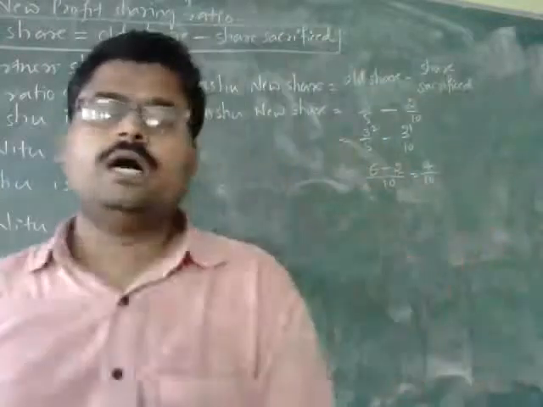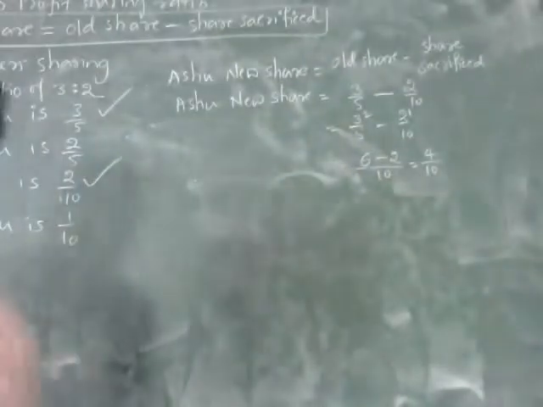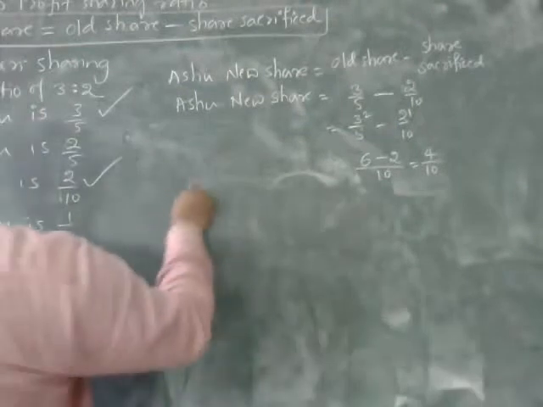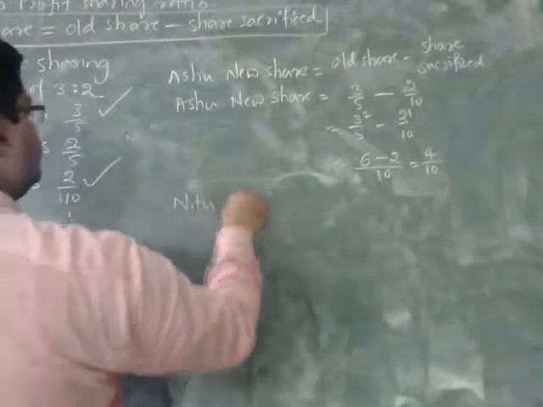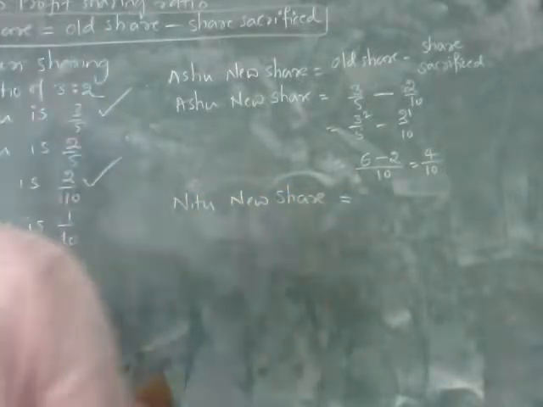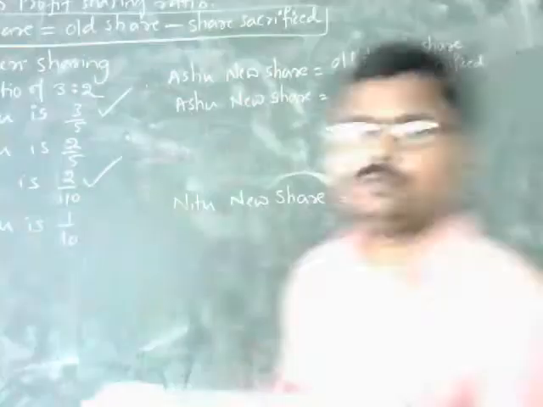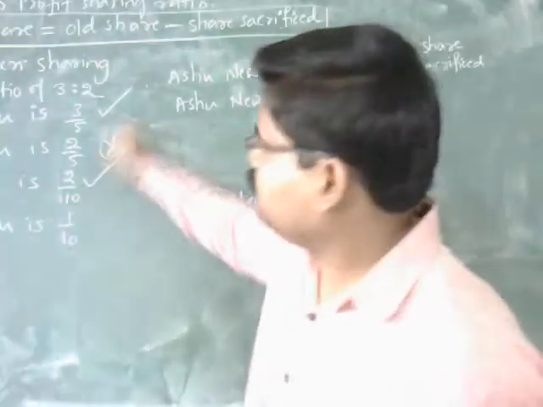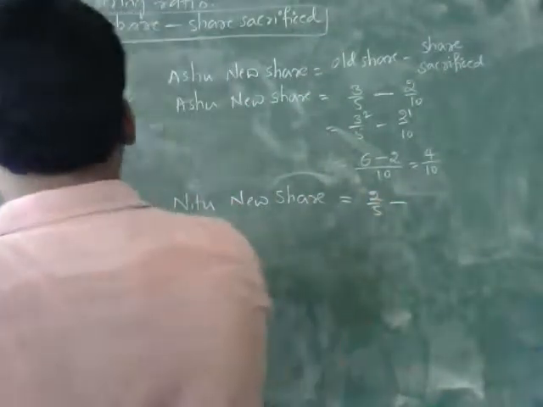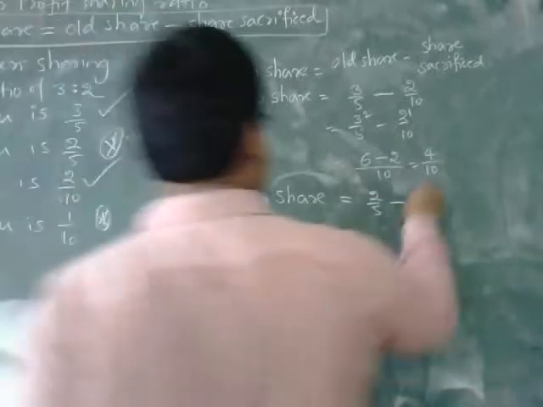Likewise, we are going to calculate the new share of Neetu. Neetu's new share equals, this one is the old share of Neetu, 2 by 5 minus 1 by 10.